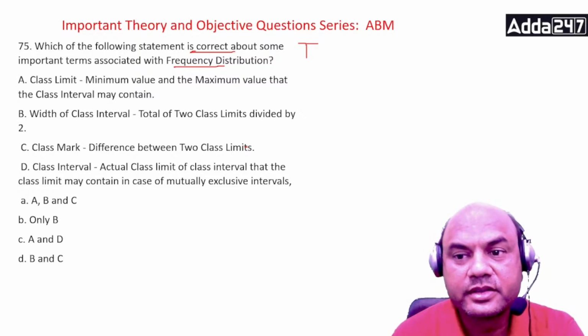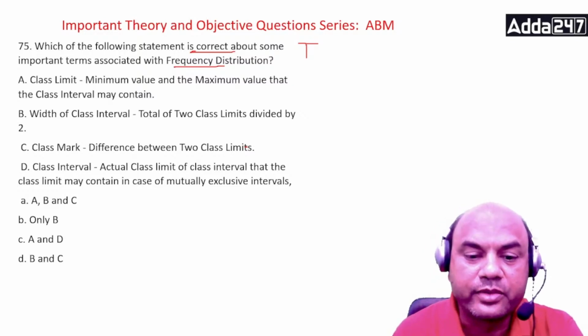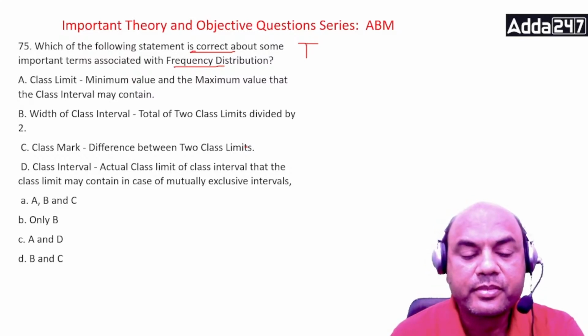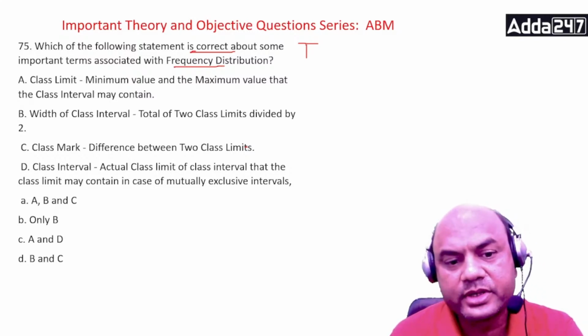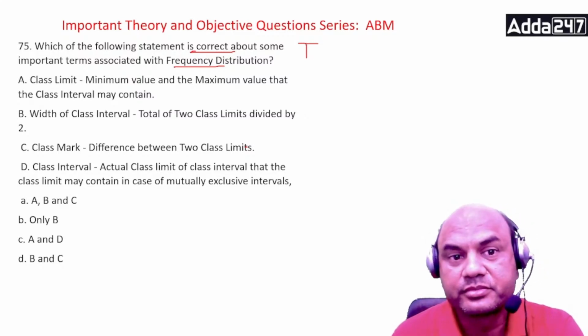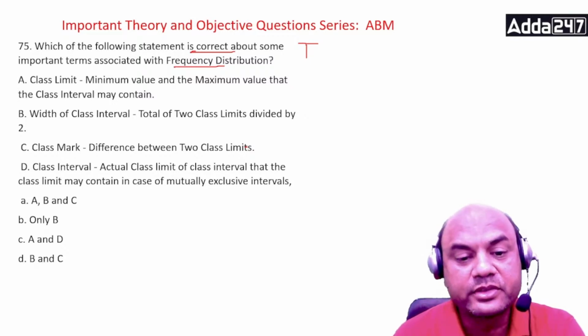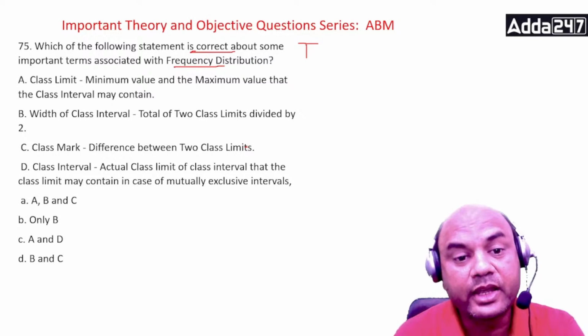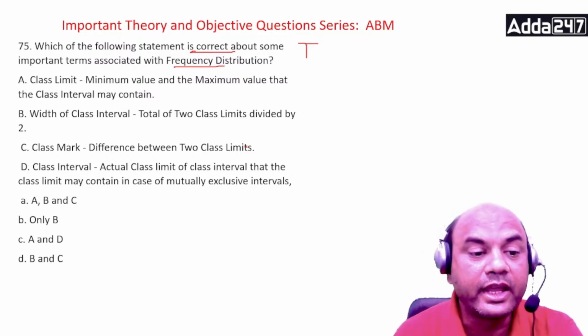Firstly, let me give you the definitions, some important ones. First one is class limit. So class limit means the minimum and maximum value that a class interval may contain. So that's why A is true.